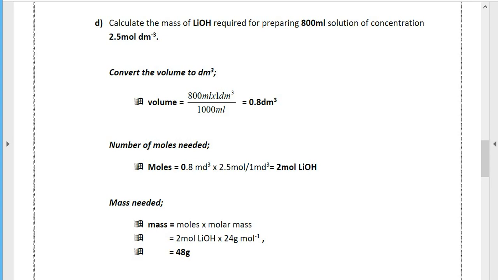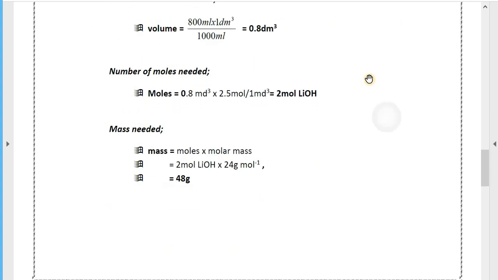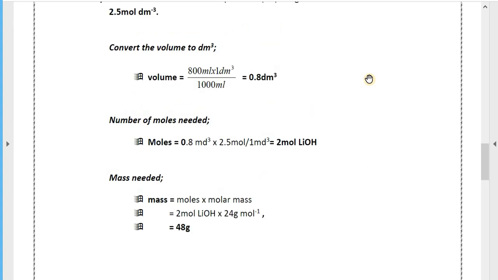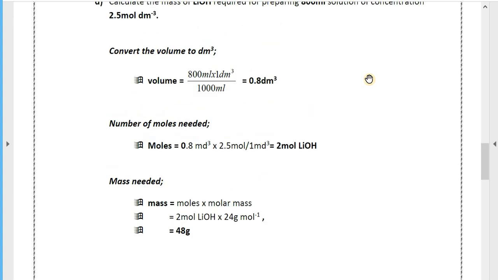But what you're looking for is not the 2 moles of lithium hydroxide. What you're looking for is the mass of the lithium hydroxide that is used in preparing that solution. So now, how many grams are there in 1 mole of lithium hydroxide?